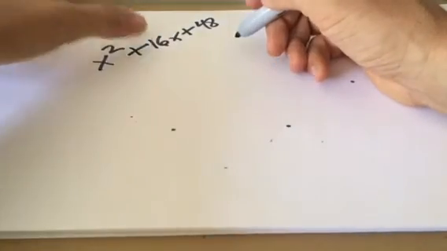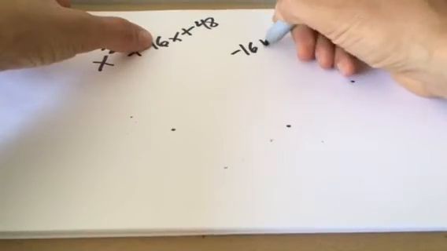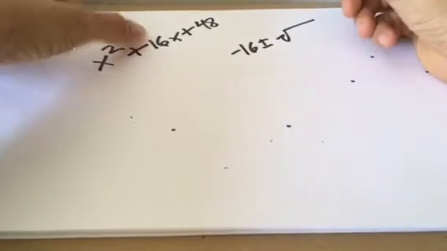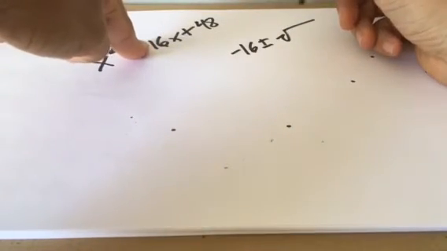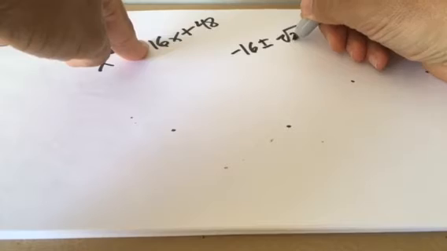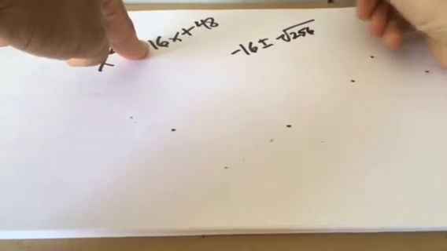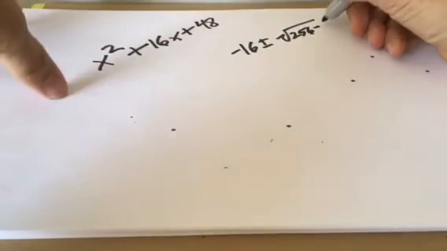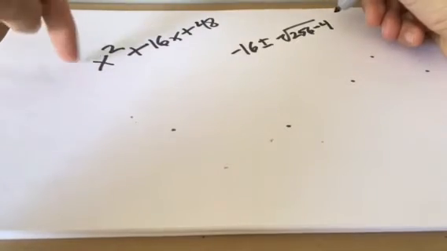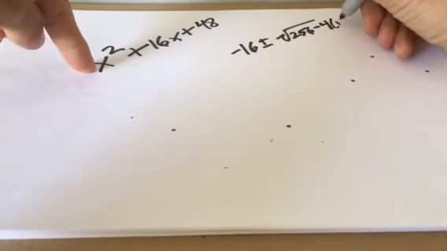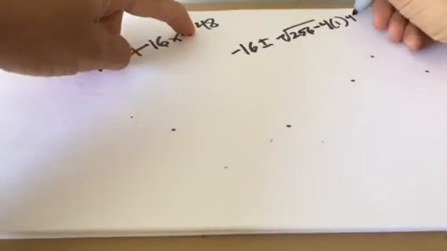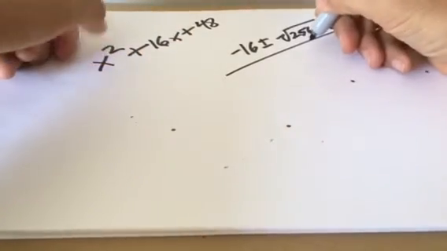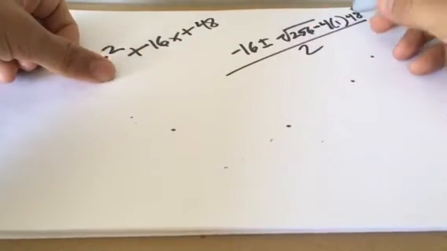Negative b, be this, negative 16, plus or minus the square root of 16 squared, which is 256, minus 4 times a, which is 1, times c, which is 48, over 2a, so 2.